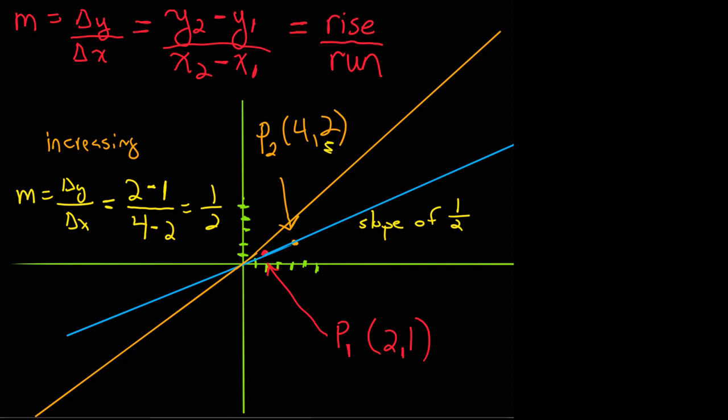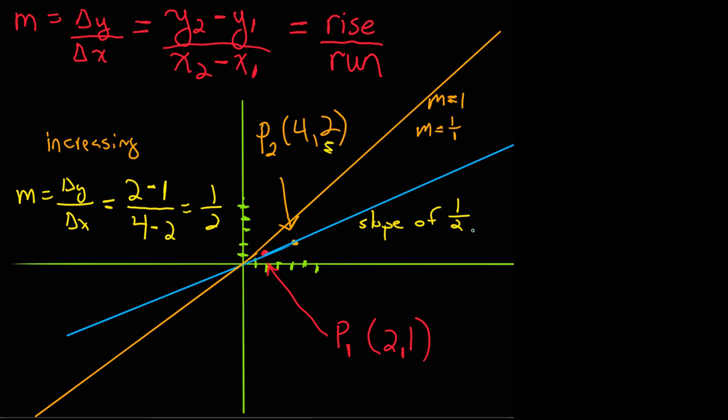Not a horrible, not the best drawing, but not the worst. All right, so this orange is a slope of 1, and it's not a bad comparison. What a slope of 1 does is, if I looked at this as the fraction, well, 1 is 1 over 1. And that's telling me however far I go up, 1, 2, that's how far I go over, 1, 2. Up 1 over 1, up 1 over 1, up 5 over 5. It's equal change in the x and y.